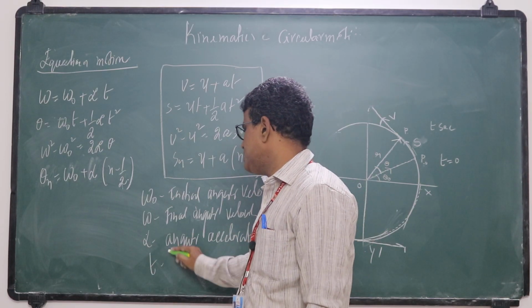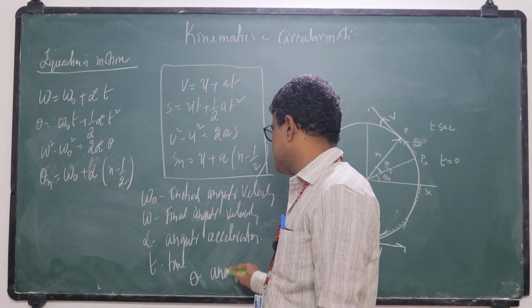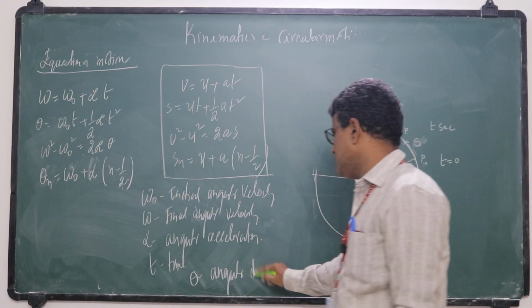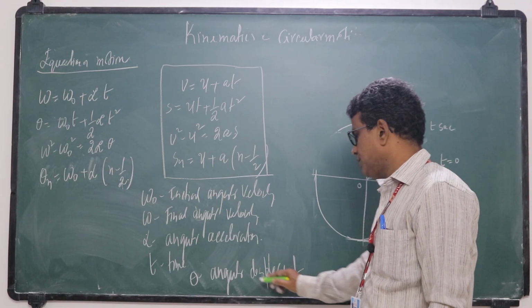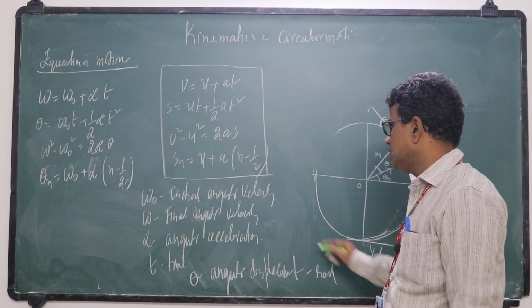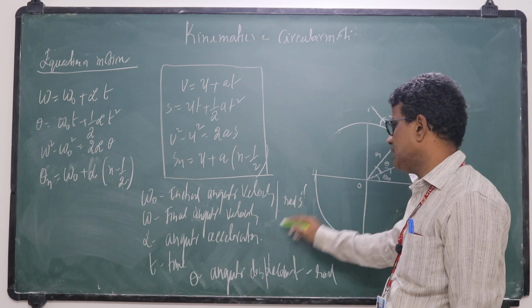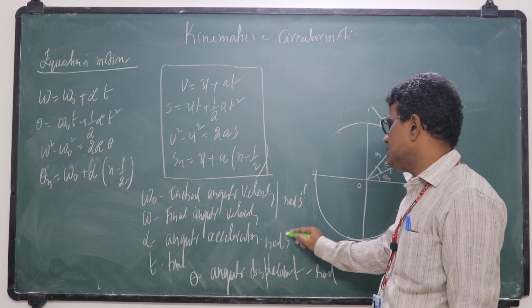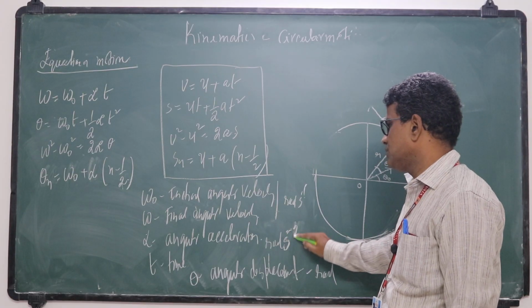What is t? Time. What is theta? Angular displacement. It is measured in radians. Angular velocity is measured in radians per second, and angular acceleration in radians per second square, that is radian second to the power minus 2. So these are the units.